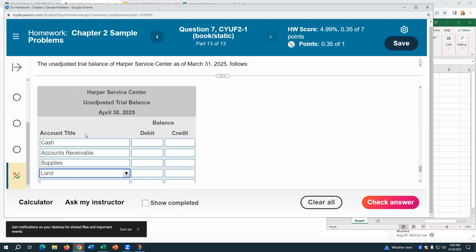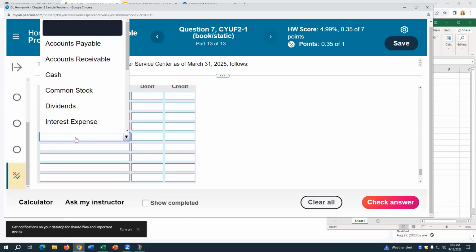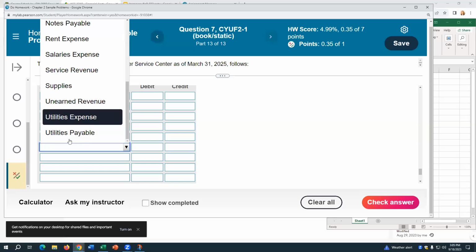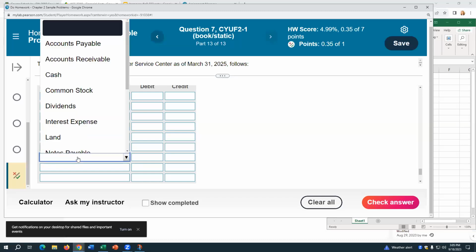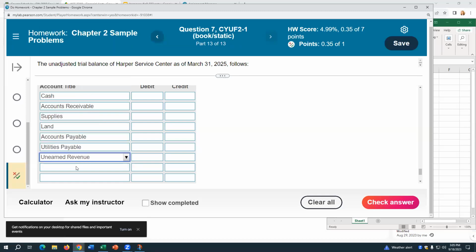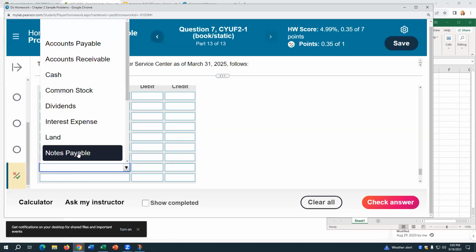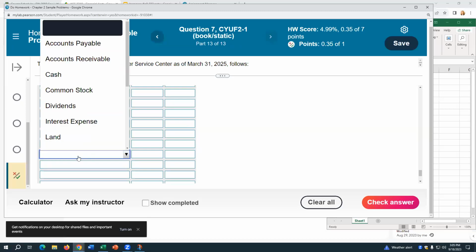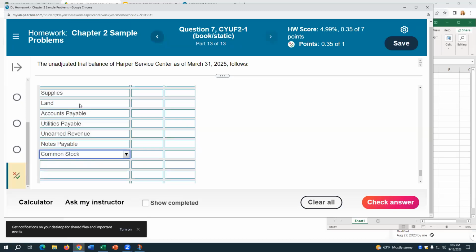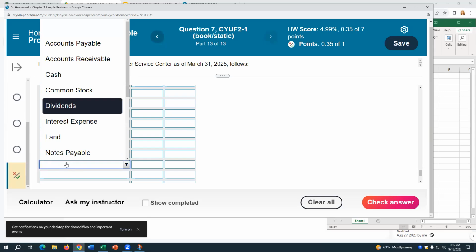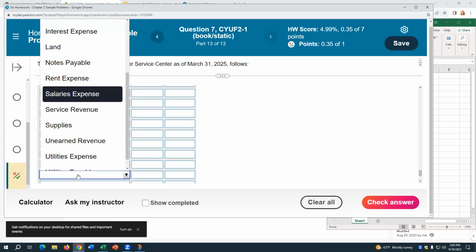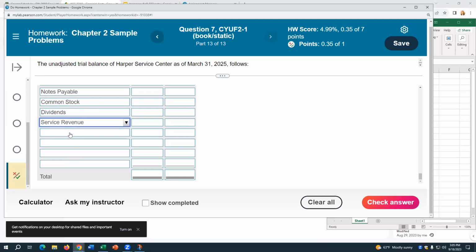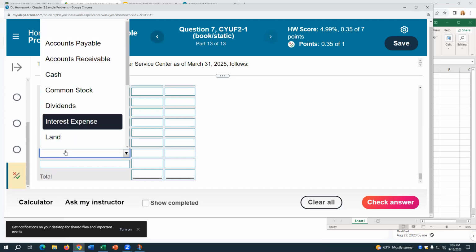Land. Accounts payable, utilities payable, unearned revenue, notes payable, common stock. Service revenue, salaries expense, rent expense, interest expense, and utilities expense.